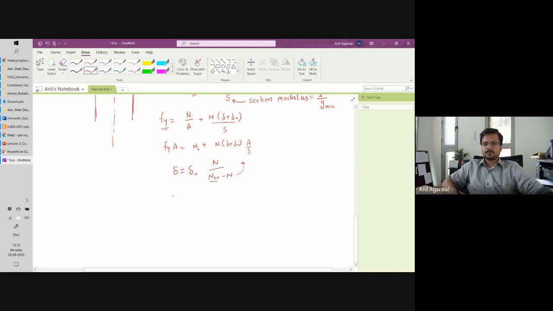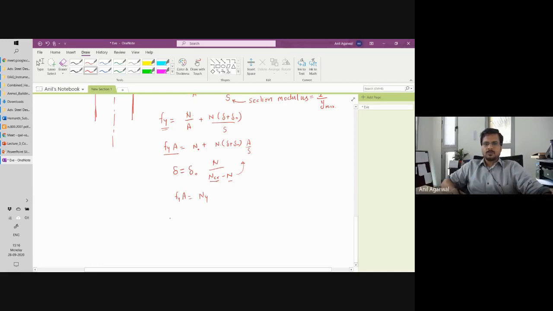So our n critical is the failure load of a perfectly straight column, but now our n becomes the failure load of our imperfect column. And Fy A we can call Ny, the yield strength of the column.